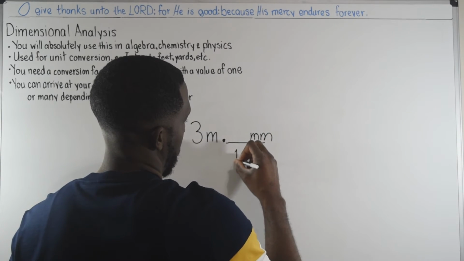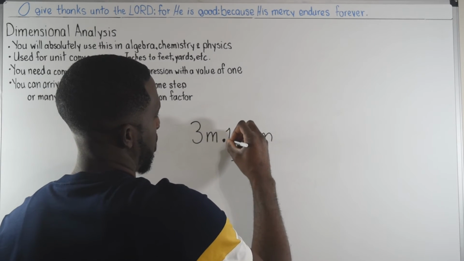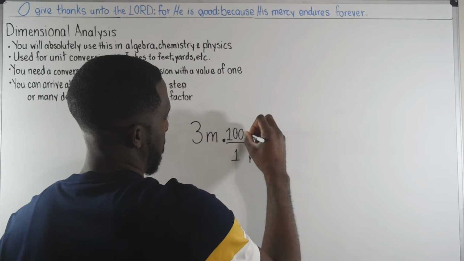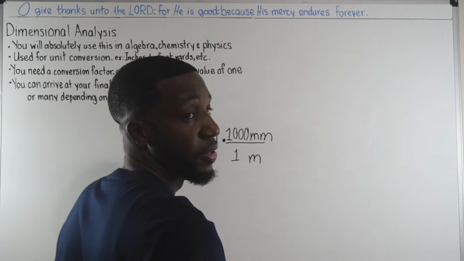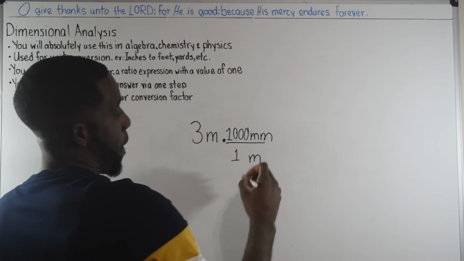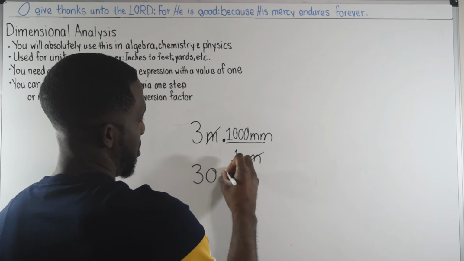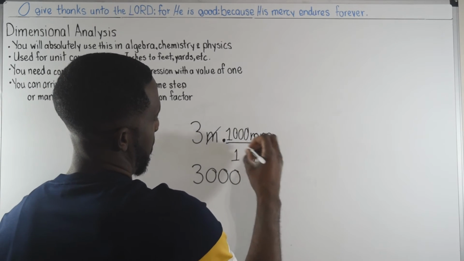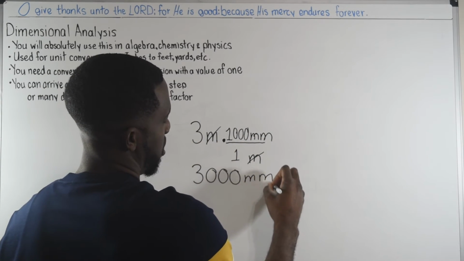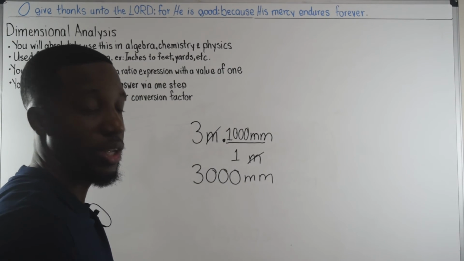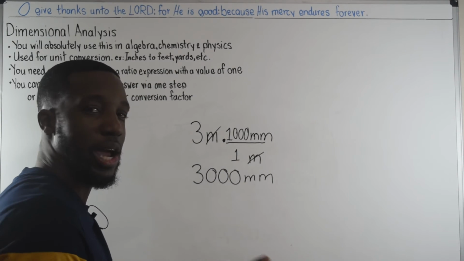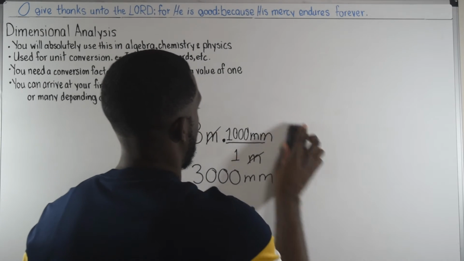So in 1 meter, there are 1,000 millimeters. Okay, so that's gone. So now we have 3,000 millimeters are in 3 meters. That is so simple. Do not complicate this. Okay.